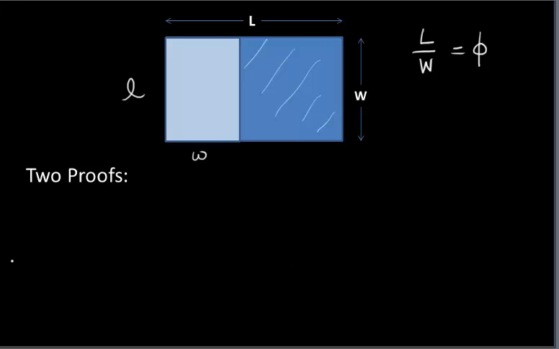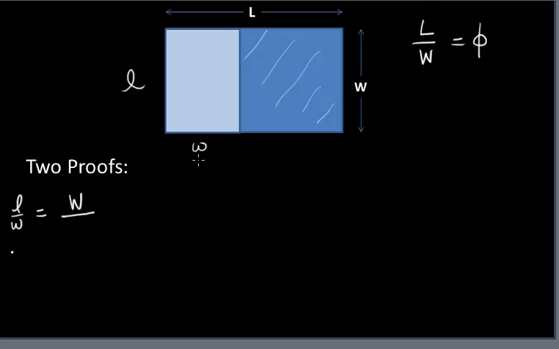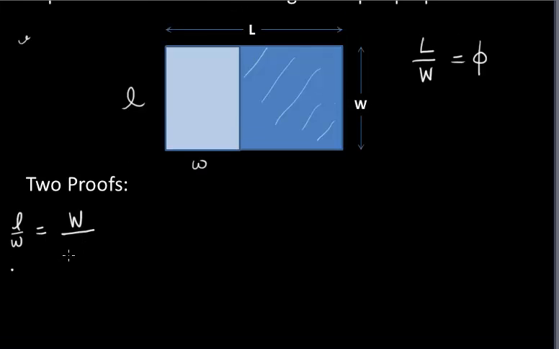Okay, so we want to start here by trying to find little l over little w. Well, little l is the same thing as the width of the larger golden rectangle, so that is equal to capital W. And little w, this distance here, is equal to big L minus w, because that was a square.